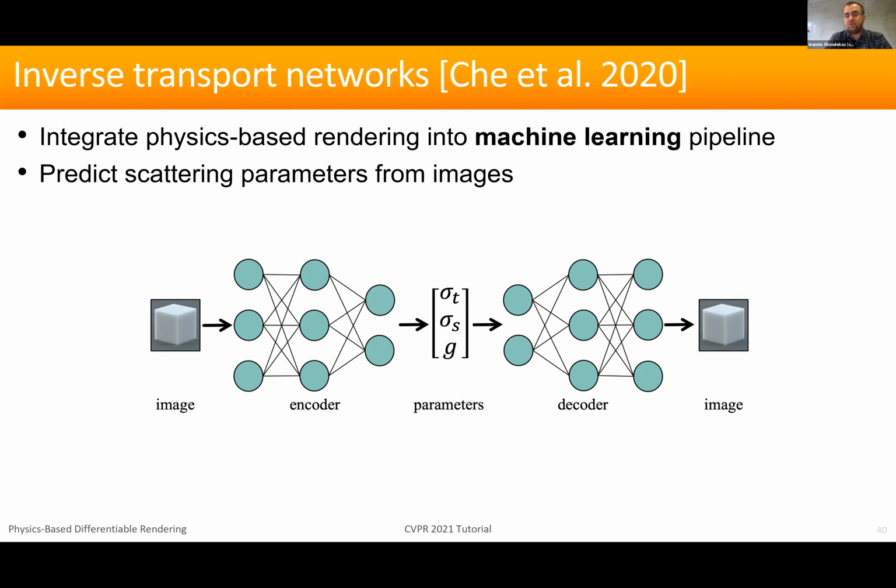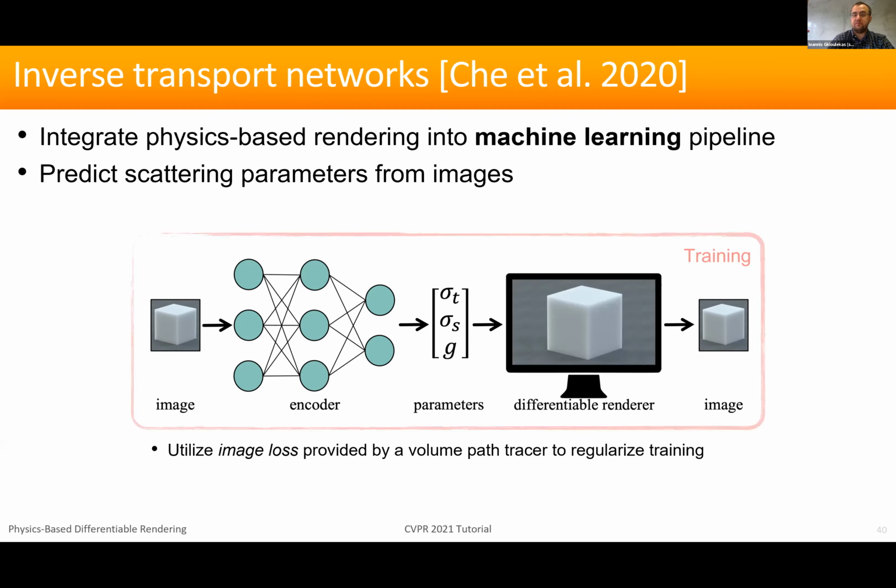Train an encoder network that takes as input images and outputs the parameters controlling translucent appearance, perhaps also with a decoder that can help make this procedure self-supervised. Even if you take this approach, there is still benefit to using differentiable rendering for this inverse scattering problem.